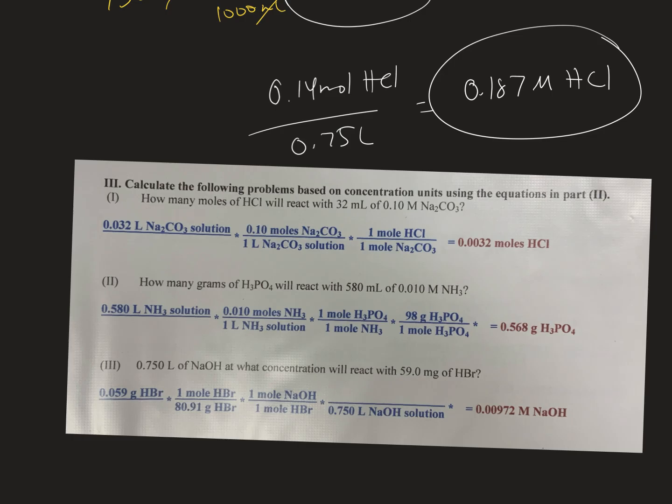So 0.75 liters of NaOH at one concentration, so I want to know the concentration of my NaOH, will react with 59 milligrams of HBr. What does it mean to the point where they're equaled out? Like they neutralize? We're just doing stoichiometry. So if I have 750 milliliters of this substance, I want to know how many milligrams of this substance will react completely. Does that make sense?